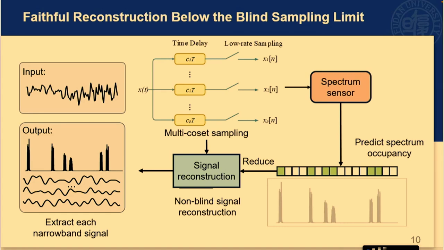This prediction turns the tricky blind recovery into an easier non-blind task. It's like finding a shortcut in a complex puzzle and avoids the strict need for twice the bandwidth sum. Then we extract each narrowband signal and forward them for further signal analysis.